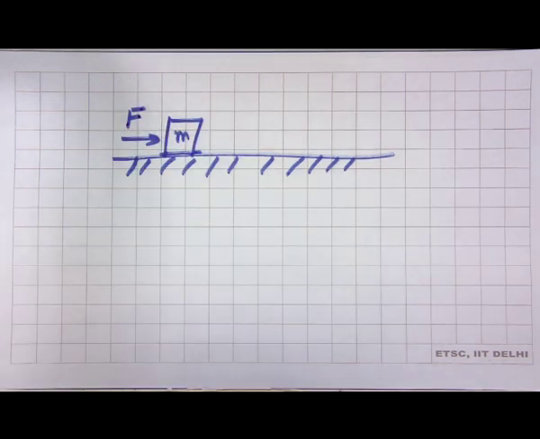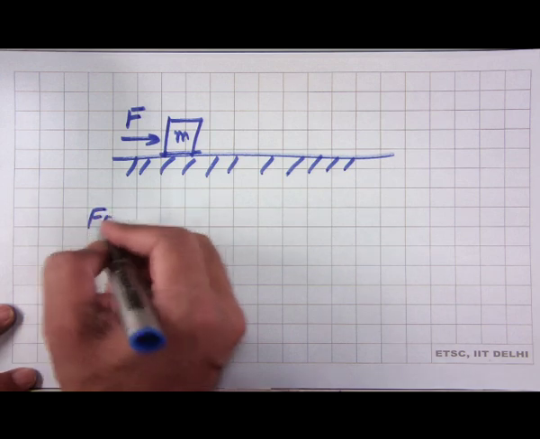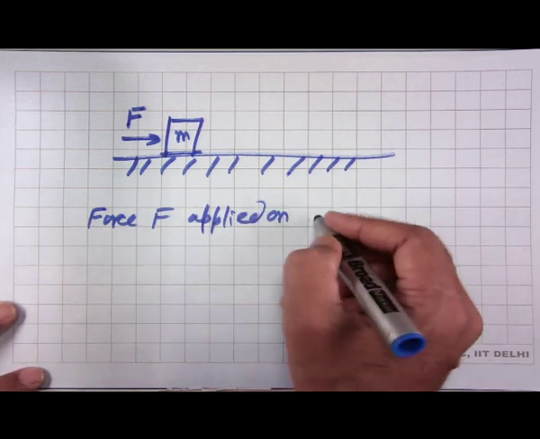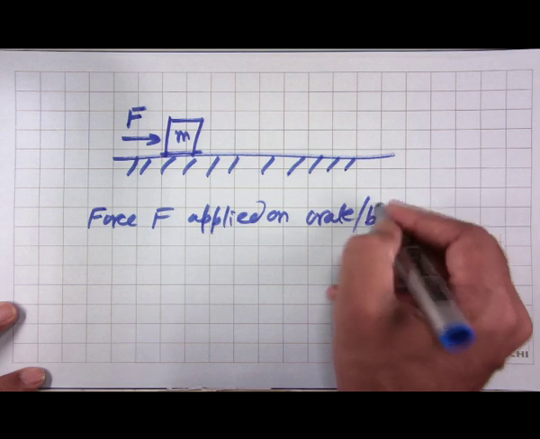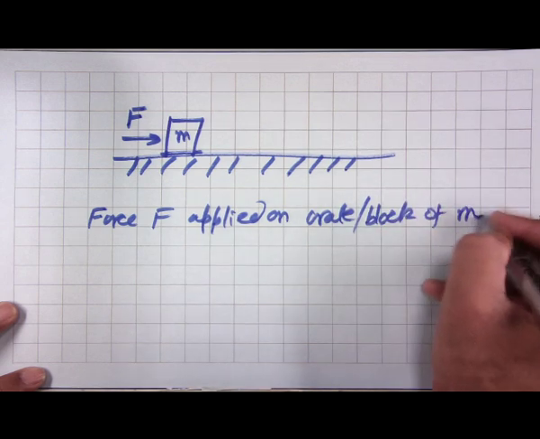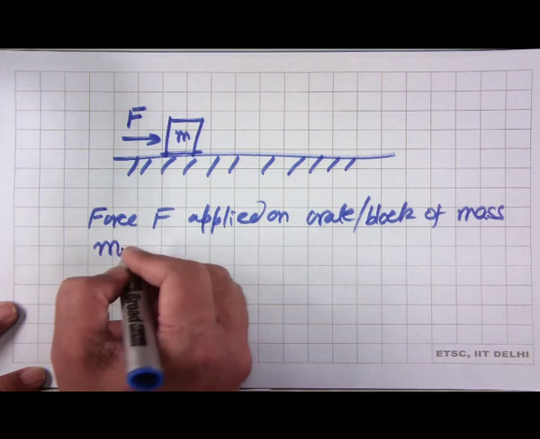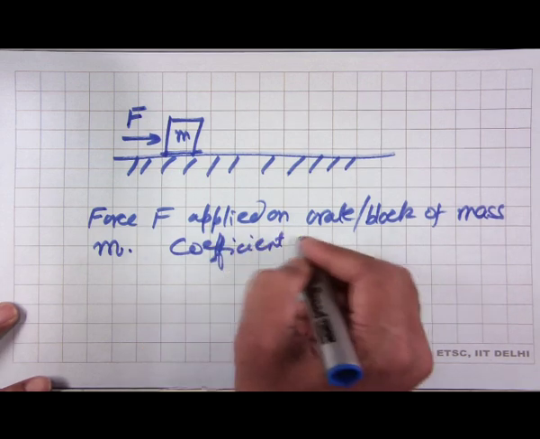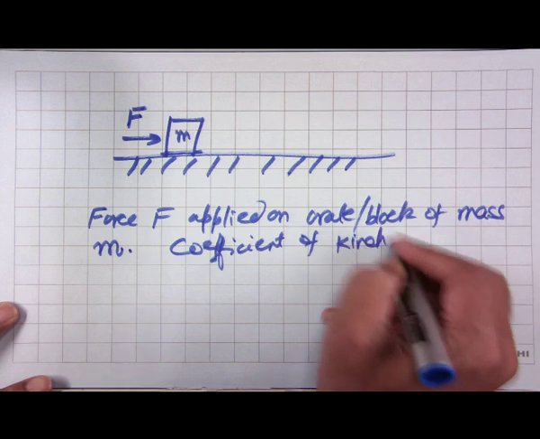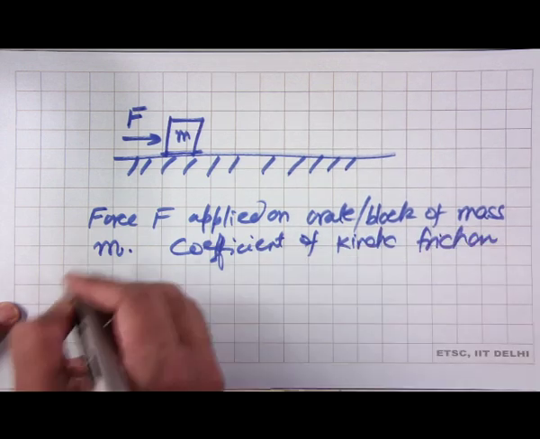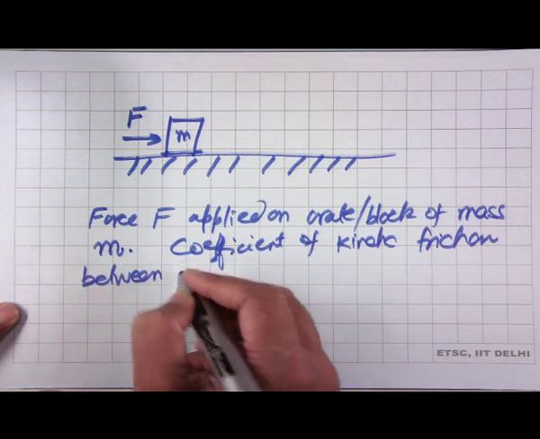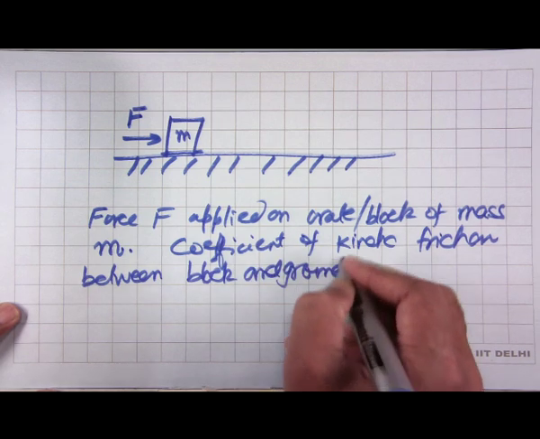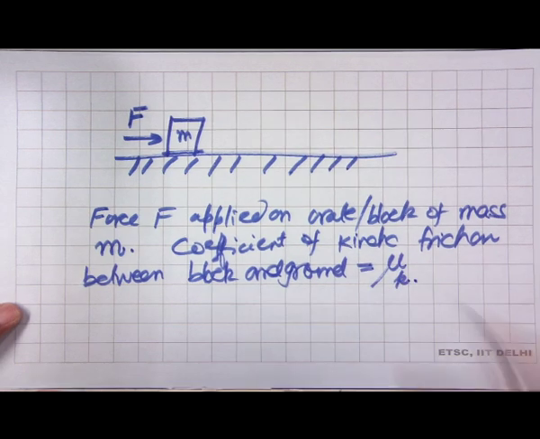A force F is applied on a crate or a block of mass m, and the coefficient of kinetic friction between the block and the ground is given by mu k.